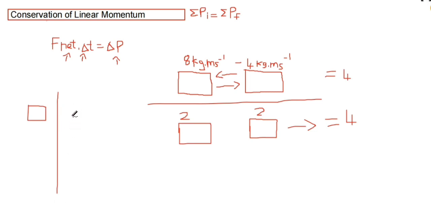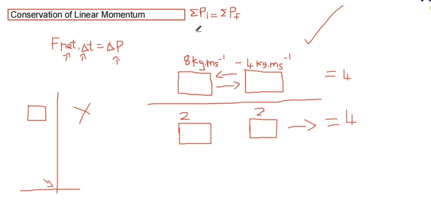This is not an isolated system because the wall has external forces that connect it to the ground. These forces hold the wall in place, and that is why the wall cannot move when an object with momentum bumps into it. So this is not an isolated system because there are external forces, but this is an isolated system.